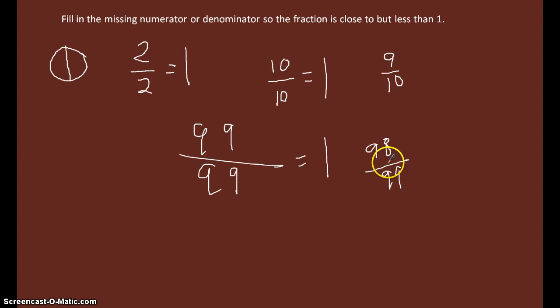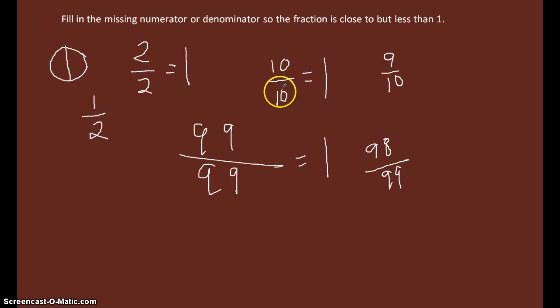Now, I will say this. This technique that we're using, just taking 1 away, it works when you have very large denominators like 10 and 99. Here where I have 2 over 2, if I take 1 away from that numerator and just have 1 over 2, I don't have a fraction that's close to 1. I have a fraction that is the benchmark half.